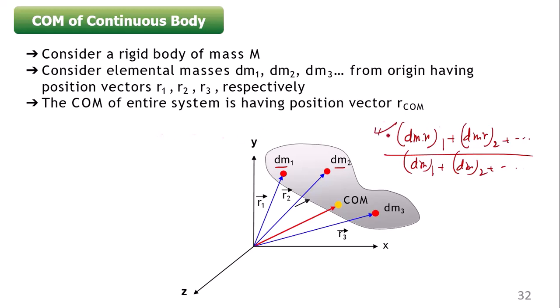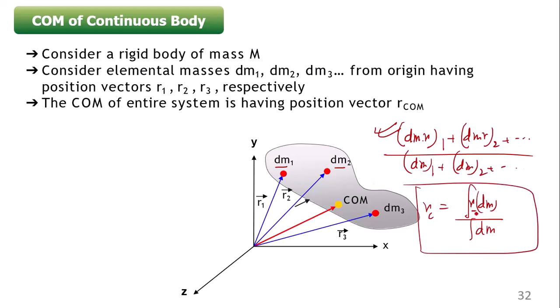So the numerator is nothing but a summation of dm r, and this can be written as the integration of dm into r, or you can say r into dm, divided by the integration of dm. That gives the r center of mass. So what is this r? r is the coordinate of the dm, or r is the position vector of the dm.